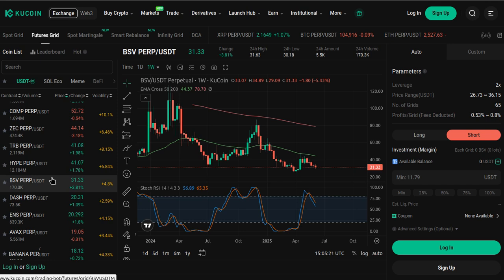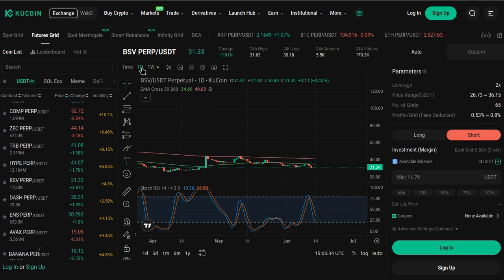Okay, I think we have found something. Now, as you can see, what I like about this one is the direction is clear. We have the fallen three soldiers, which is a clear direction on the weekly chart.